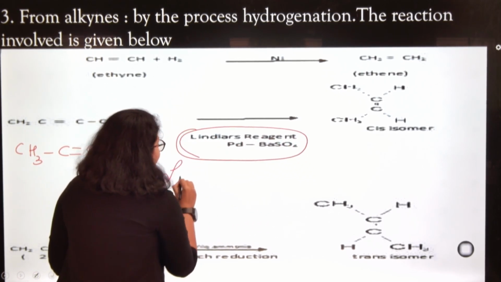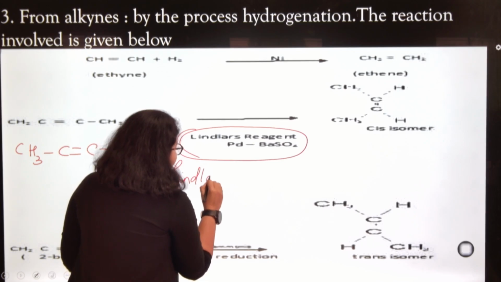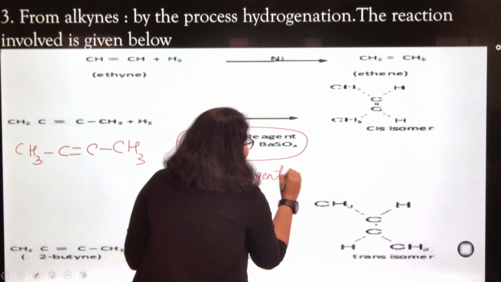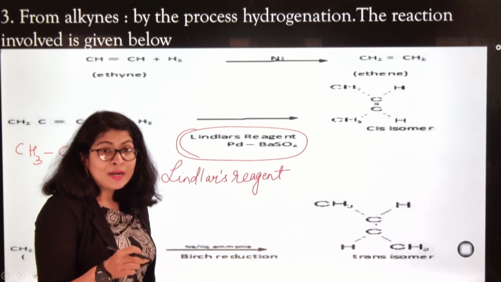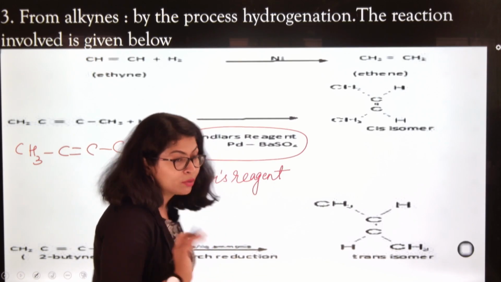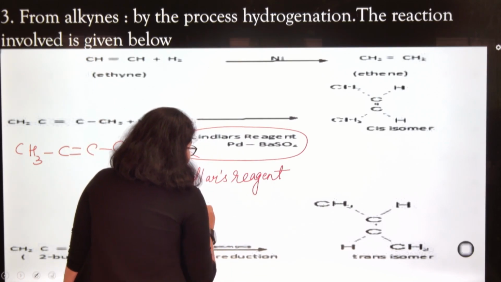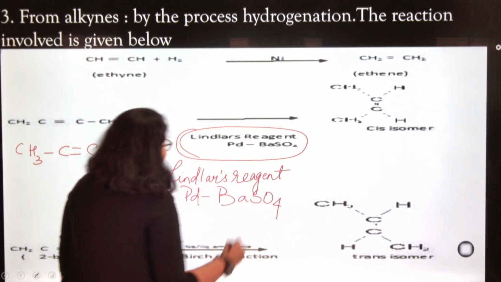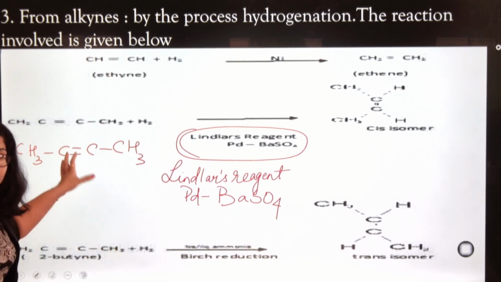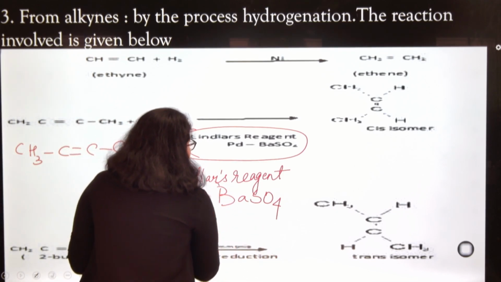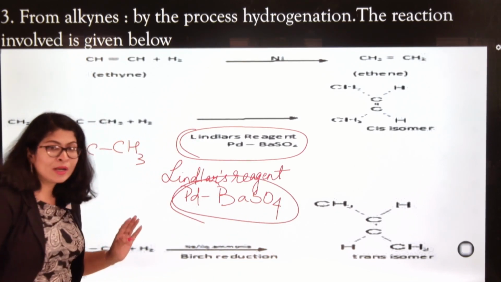This is called Lindlar's reagent, which is basically palladium and barium sulfate, Pd/BaSO4. Now, if this particular alkene is reacting in the presence of Pd/BaSO4, then what happens?